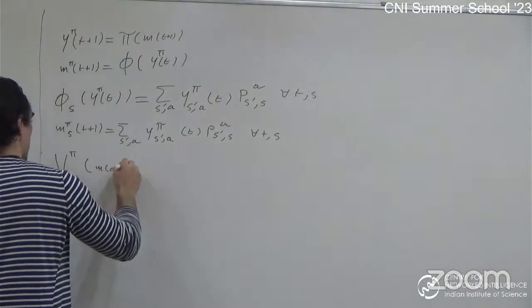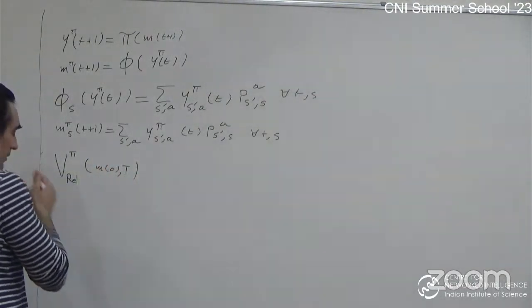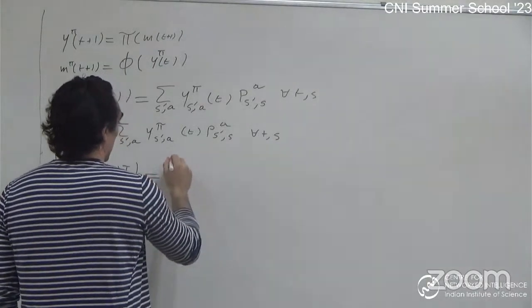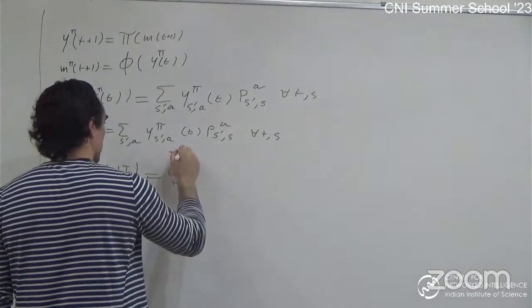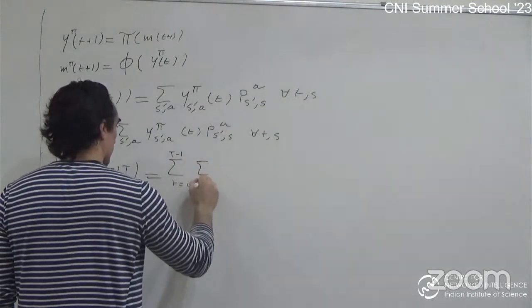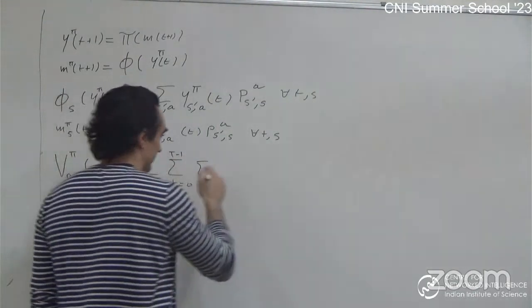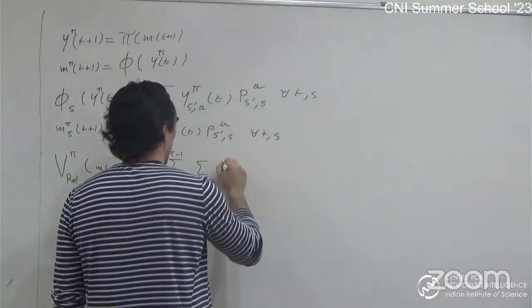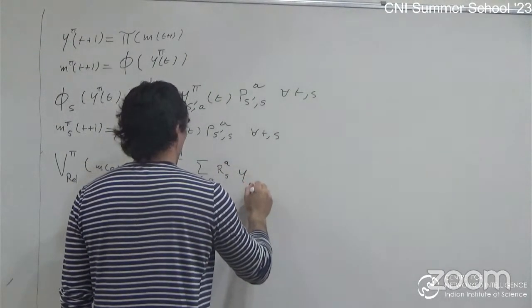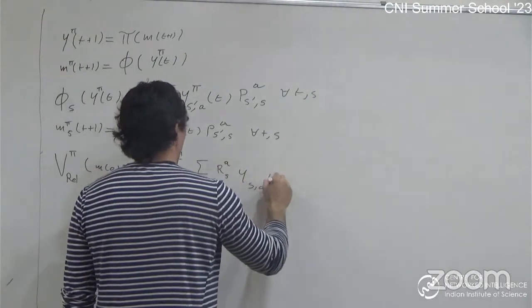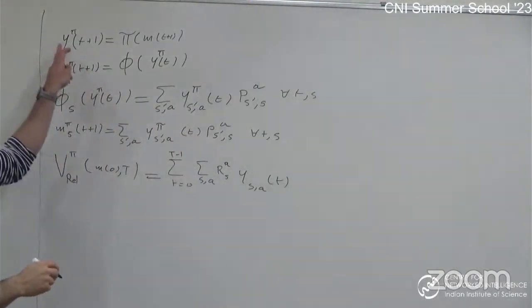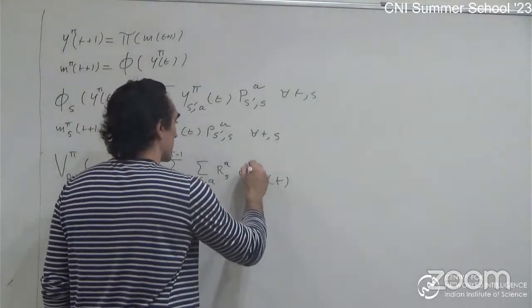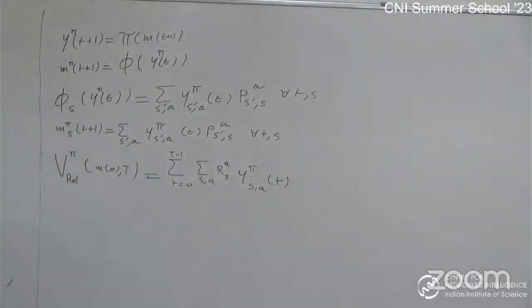Because everything is deterministic, actually. You can just take directly the y from there and write it first.